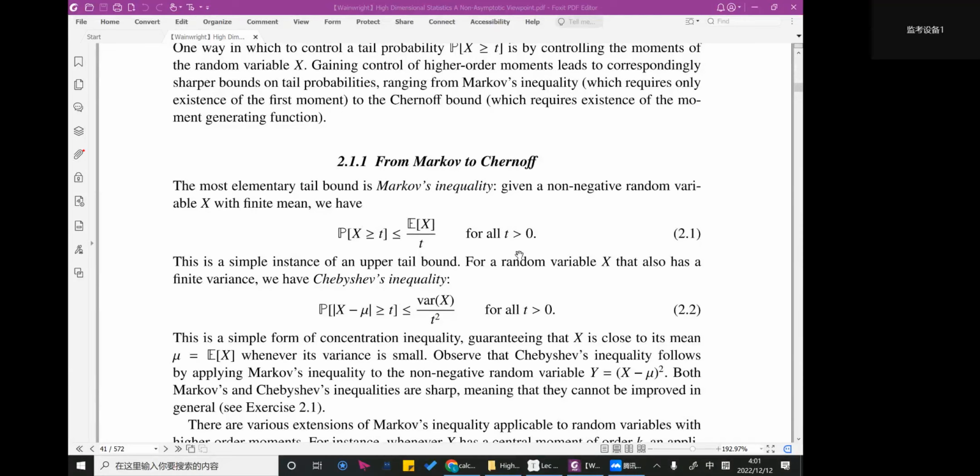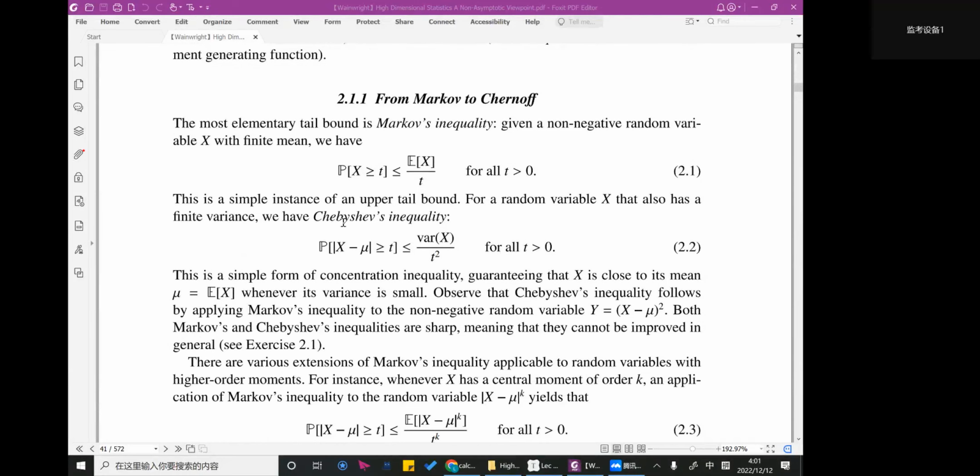This is the Markov inequality, and we all know the Chebyshev inequality like this. It uses the second order moment of variable x. Here it says the variance of x over t squared.